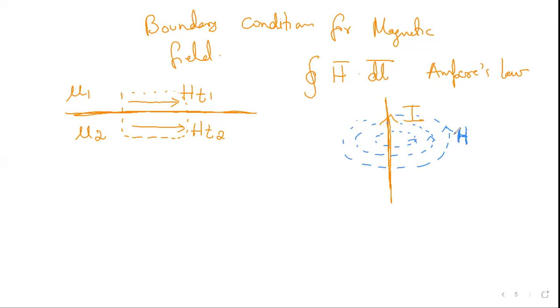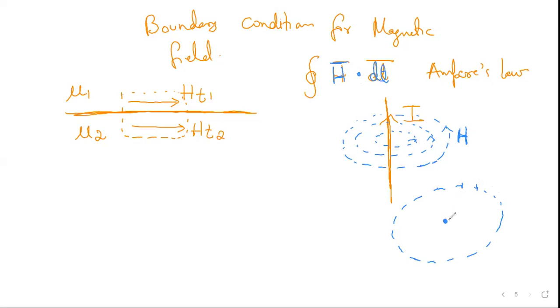Now, if I take this loop, any loop if I take, I'll just show this highlighted. If I take this loop of the magnetic field, and I multiply H over this loop length, in short, I'm doing H dot dl, right? What will I get?